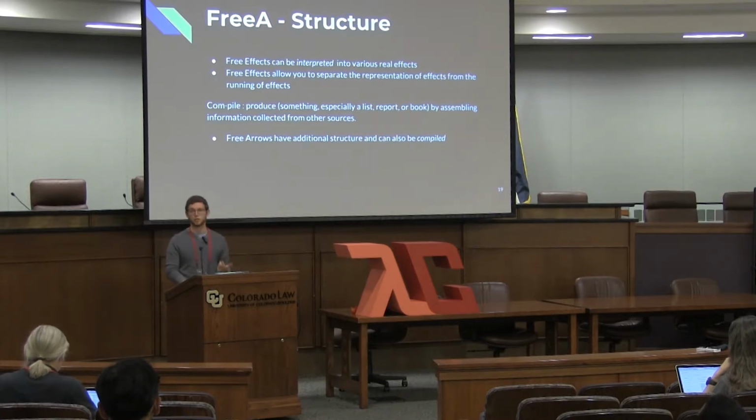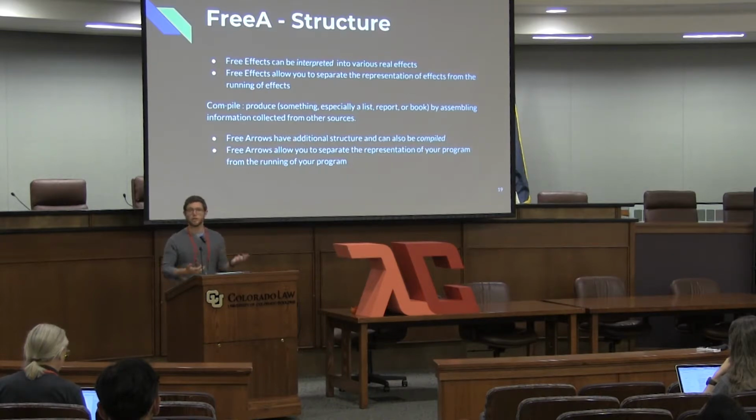Because of that additional structure, we can separate the representation of your program from the running of your program. So we can build up an entire arrow that says, we're just going to use this to send email. And then later we can determine how that thing actually gets run. Not only what do the effects in it mean, but what do we do in all the different places where we want to actually make calls to the CPU to perform some operations.